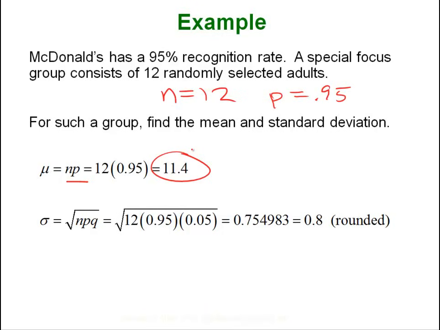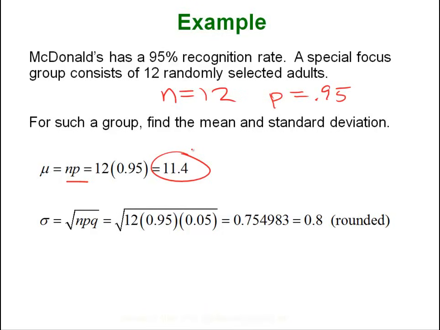You took the 12s, the 11s, the 10s that came up every now and then, maybe even had a group that only 9 recognized it, right? You add all those numbers together, divide by how many times you ran the experiment, then you would get 11.4. That's what the expected value means, that on average, if we ran this experiment over and over again, we would expect 11.4 as the average number of people who recognize McDonald's.